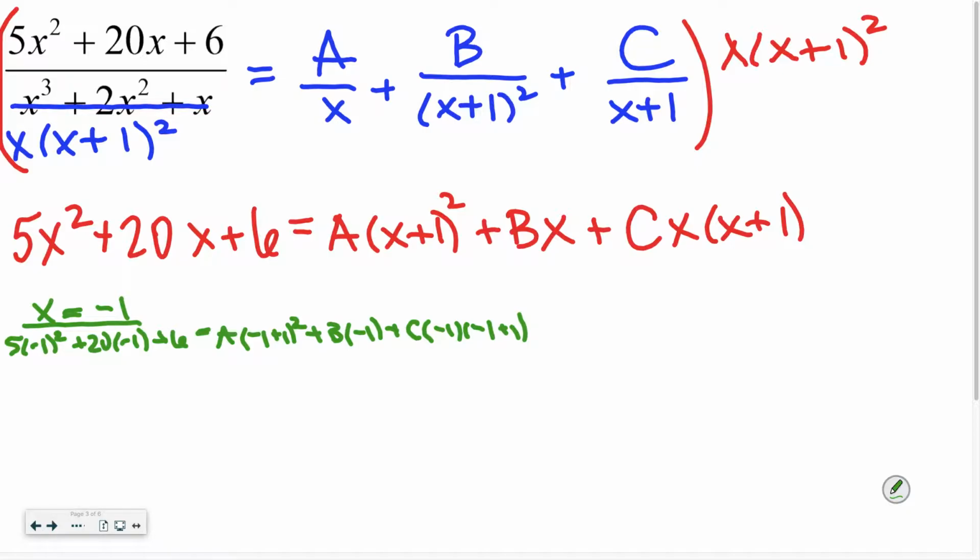On the left side, we have 5 minus 20 plus 6. What would that be? Negative 9. And then we have A times 0, B times negative 1, and C times 0. So B is 9.